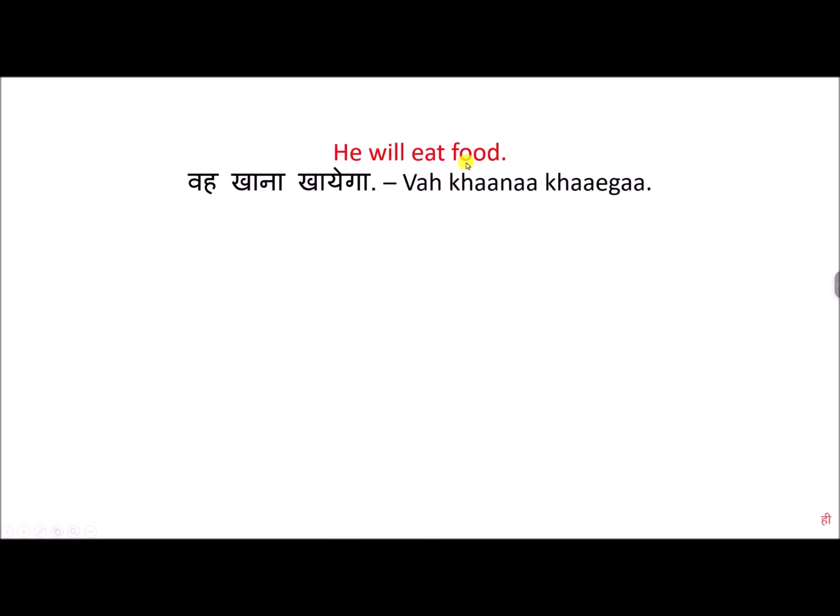He will eat food is वह खाना खाएगा. वह is he, khana is food, kha is eat, ega is added to give the meaning of will. Khaega is will eat. Vah khaega is he will eat.